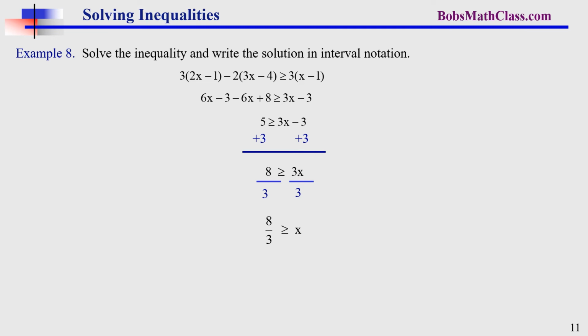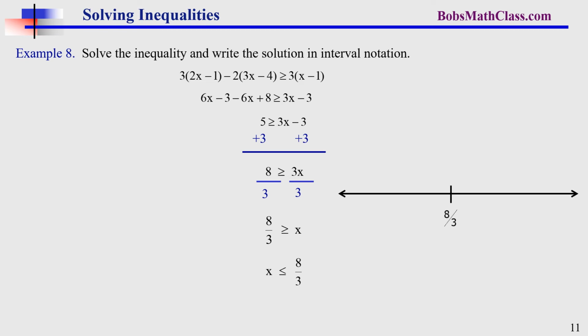When you rewrite it with the x first, make sure that the arrow is still pointing towards the x and opening up towards the 8/3. So that is x is less than or equal to 8/3. It doesn't really make too much sense if you say 8/3 is greater than or equal to x. It makes more sense if you say x is less than or equal to 8/3.